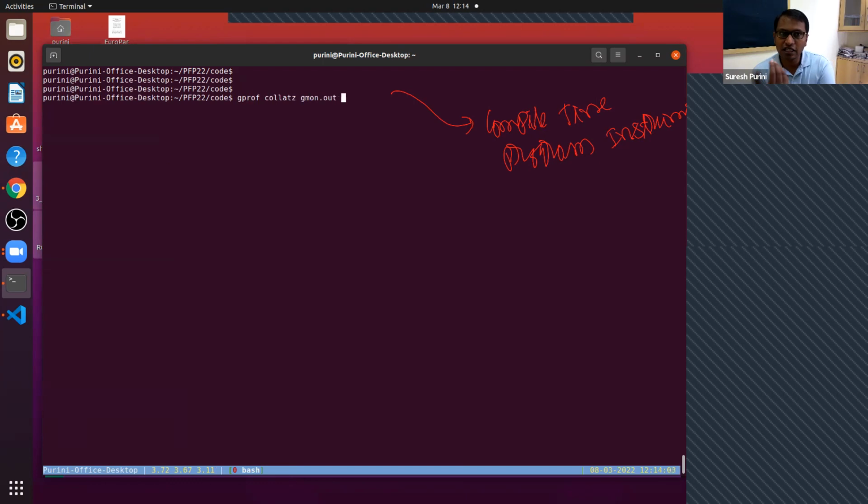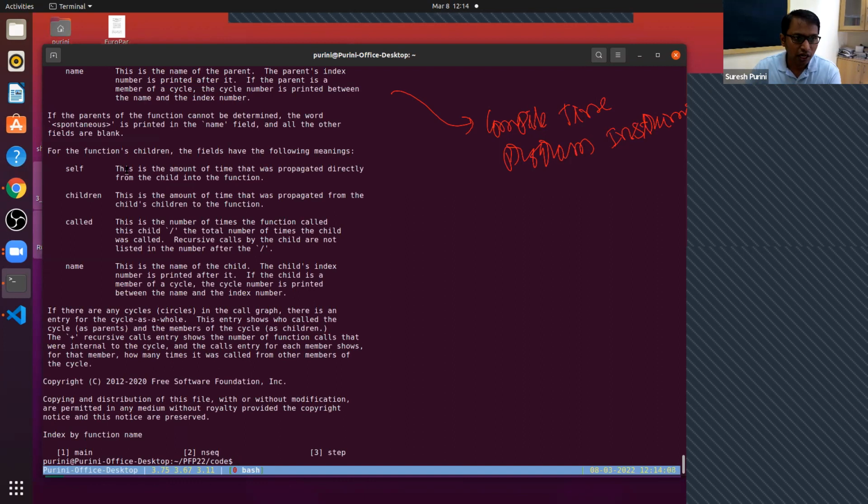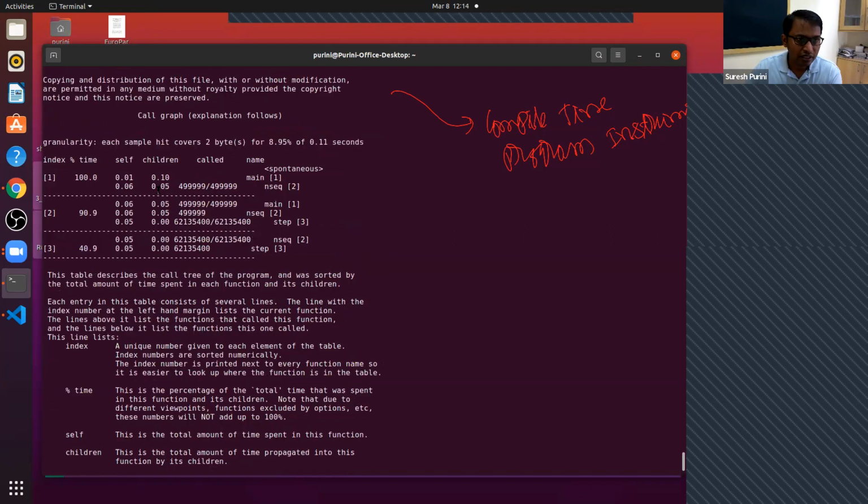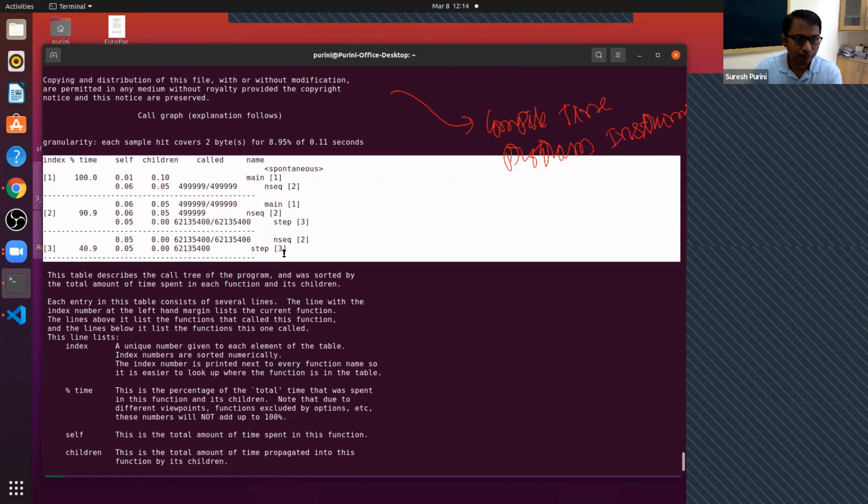A file called gmon.out will be created, and when you run this, this is the profiling information that you get: how many times main is calling nseq, and how many times nseq is calling step. All this information it will print. We don't need to explicitly insert static variables to do this job.